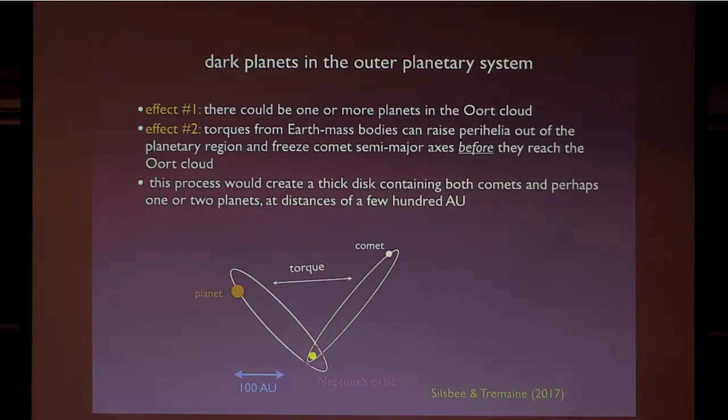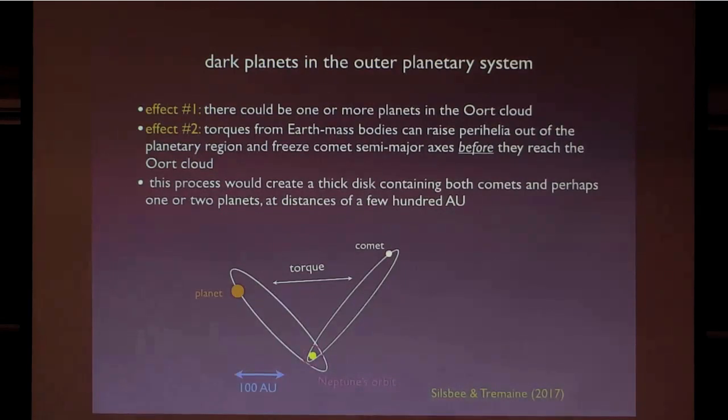They can change the perihelion distance of the other comets on a time scale short compared to the revolution, lift their perihelion distances away from outside Neptune's orbit, and freeze them in place, much as what you see with Sedna.